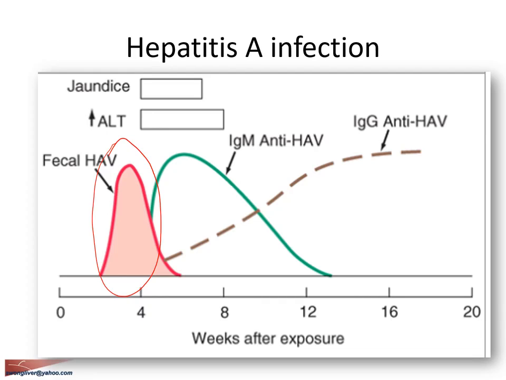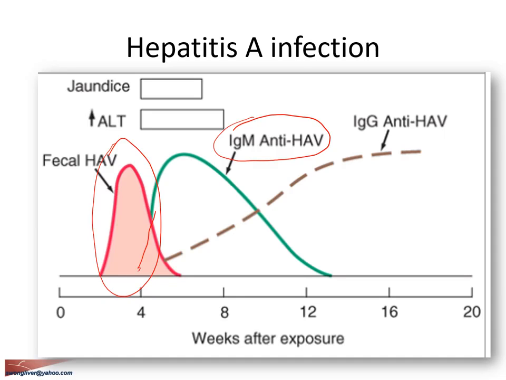Okay, so what do we do now in patients with suspected hepatitis A infection? We can check for your IgM anti-HAV because that is the first serologic marker that will increase. So usually at the second week of the disease, your IgM anti-HAV will now be produced by your immune system.